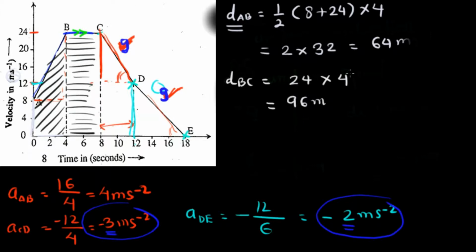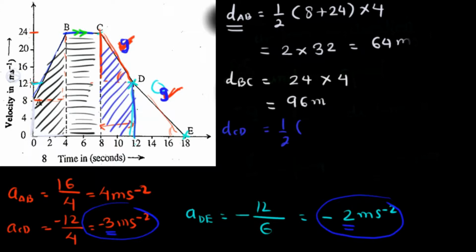And that is meters. Now I need to calculate this part of the distance, that means the distance in part CD. It looks more like a trapezium. So half times the sum of parallel lines.